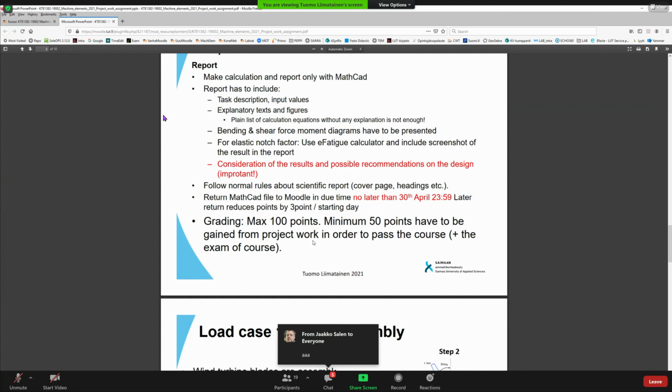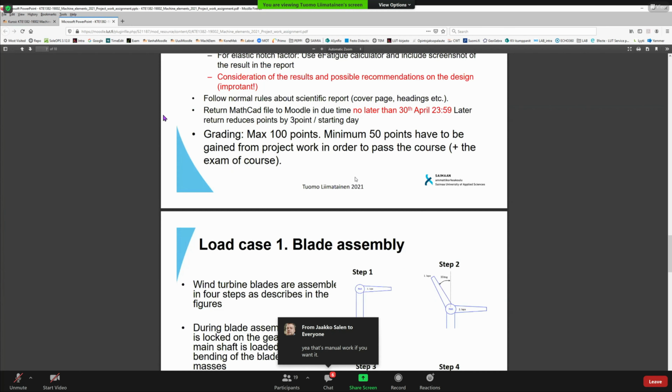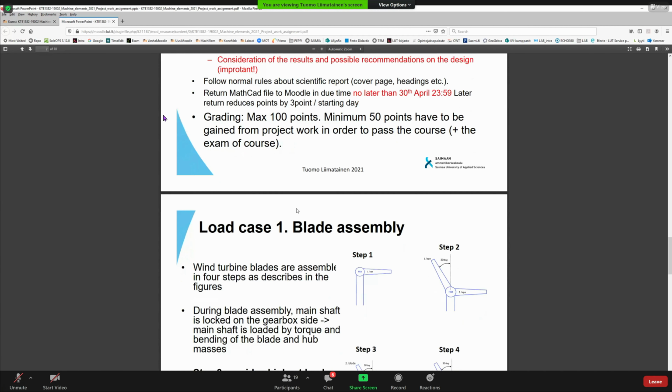You don't need a table of contents. I can include that statement here in this presentation as well. But otherwise, I think it's fully possible. At least I've done reports with Mathcad with a completely similar look as with Word. So I think it's possible for you as well.